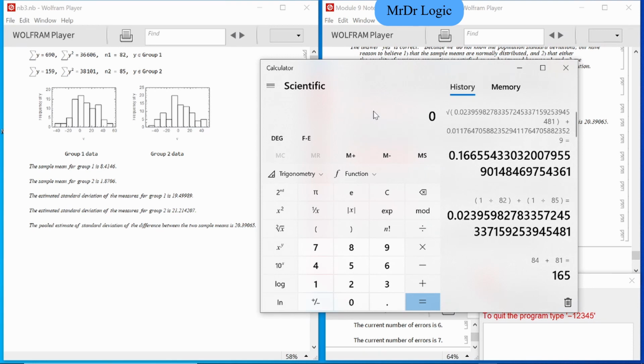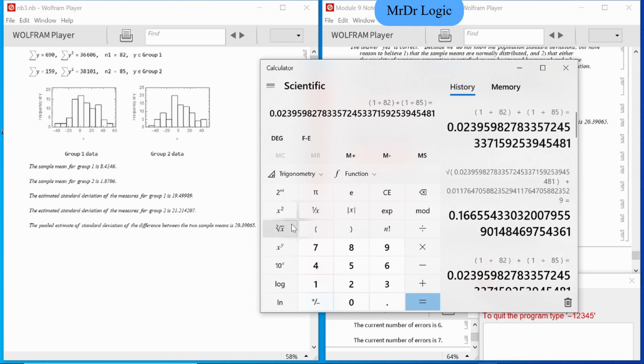Fine, I'll do it again for you guys. 1 divided by 82 plus 1 over 85. Bracket. Now I'm just going to input this digit again.